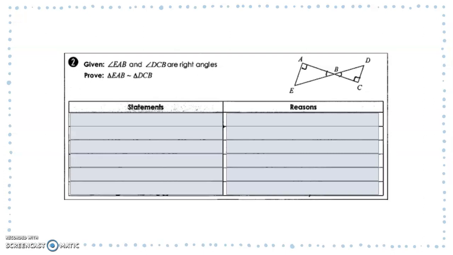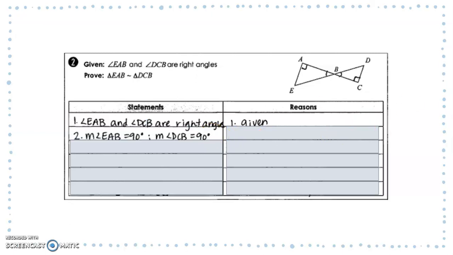For our second proof, again, we're going to start with those given statements. So the first given statement is that angle EAB and angle DCB are right angles. For this proof, we're going to actually say what it means for them to be right angles. So if they are right angles, then that means the measure of each of those angles, so M with the angle symbol means measure of, are both 90 degrees, and that's the definition of a right angle.